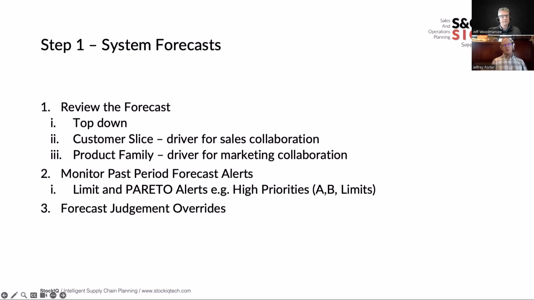Or on the other hand, I might be looking at it from a product family, and this is where marketing comes in. Hey, we're all of a sudden seeing a downturn in this new product or this product family. Maybe people are migrating or gravitating towards something else. So when we're looking at these forecasts, how we organize the data really makes a difference for the consumer of this information.